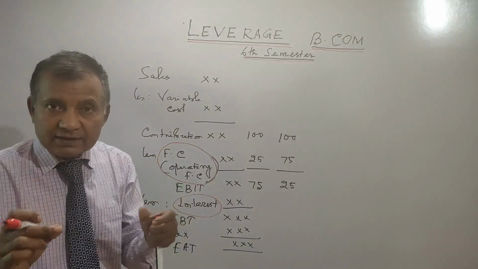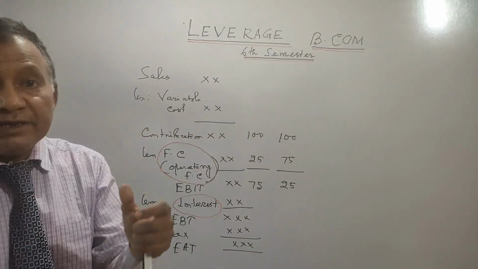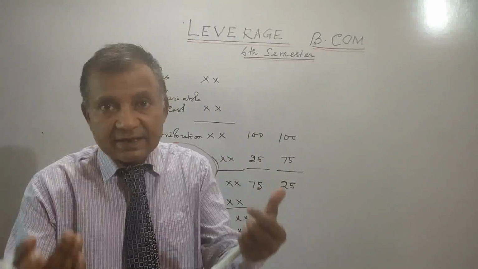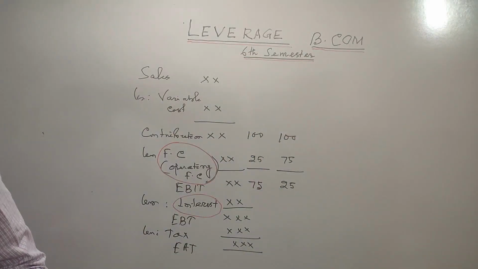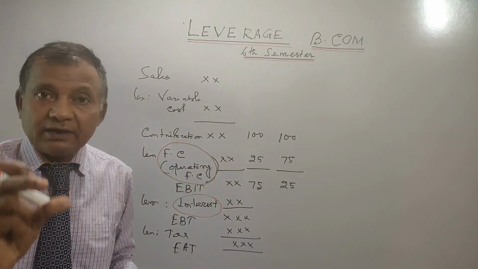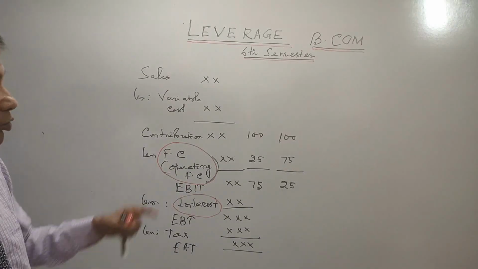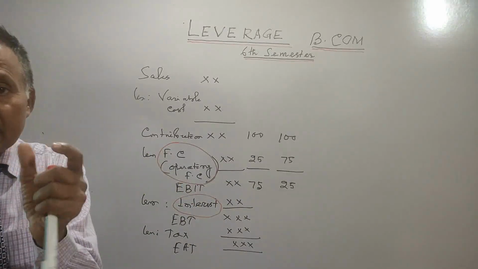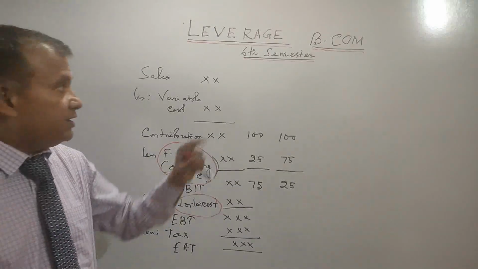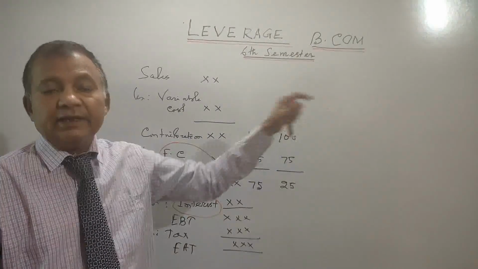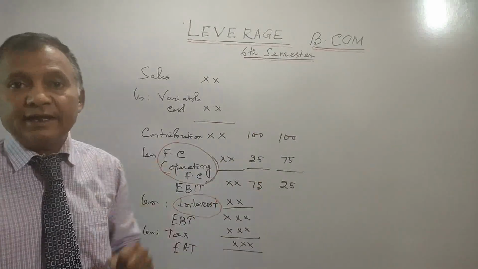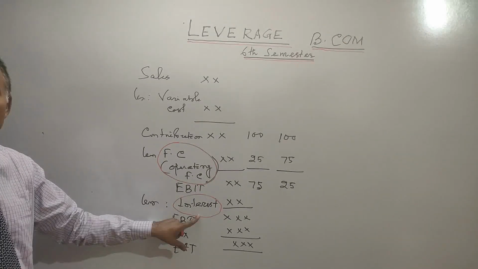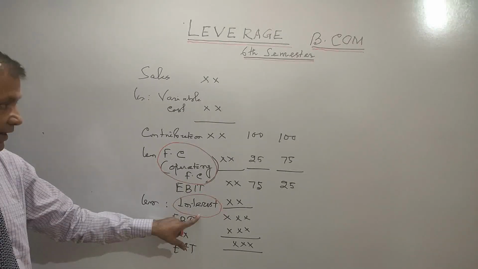So the leverage actually measures the business risk, and business risk has many types, but in the chapter leverage we take into account basically two risks: one is your operating leverage, operating risk, and another one is your interest risk, that is financial leverage.